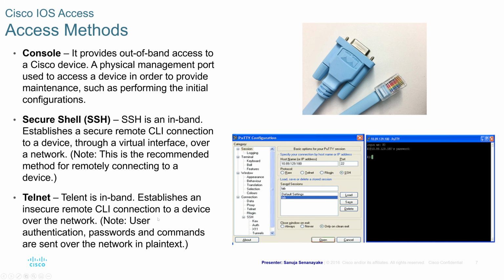They are all sent in plain text, and typically on most Cisco devices, Telnet is basically disabled. You can enable Telnet for testing purposes, or for a short-term basis, because in general, in the industry, we always use SSH over Telnet.